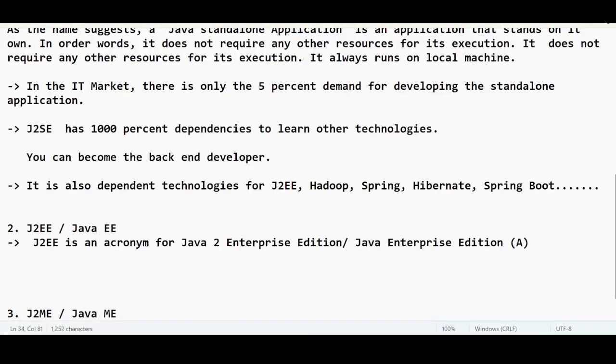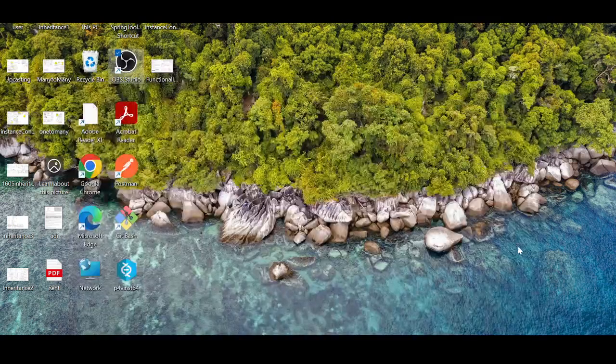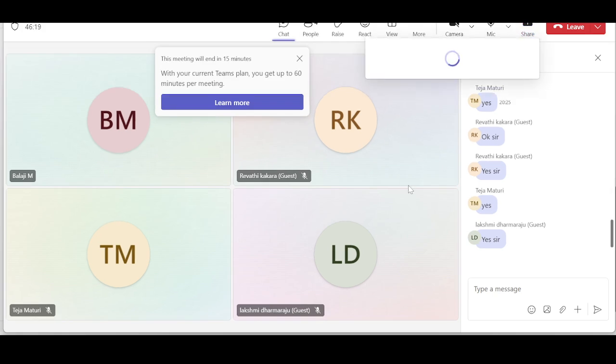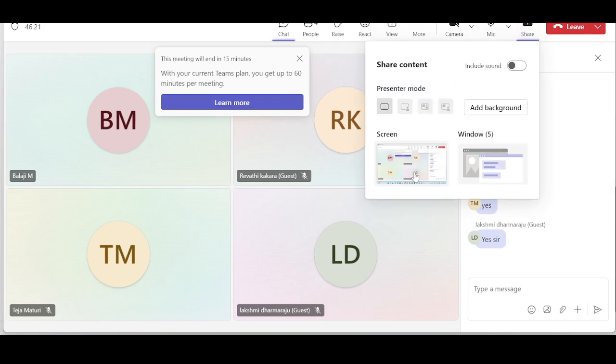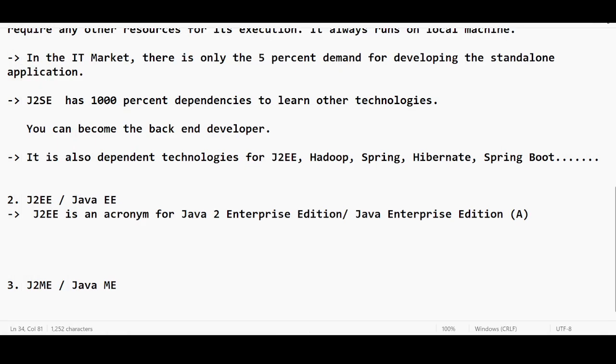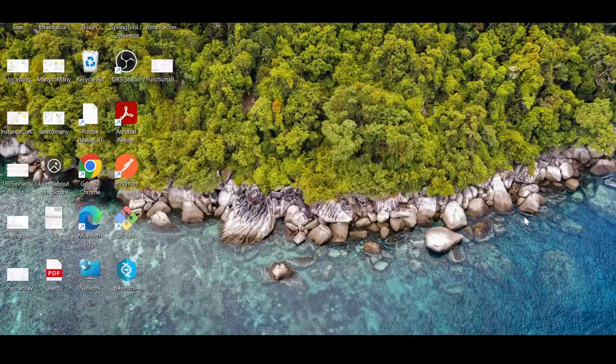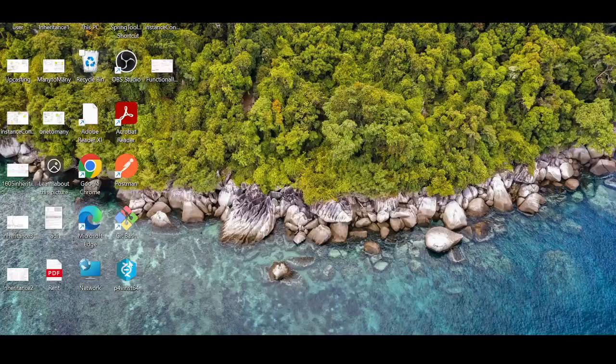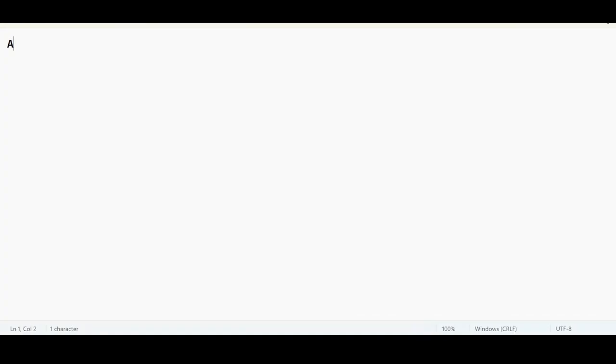One minute. Let me reshare this. Good. Some glitches there in my system.